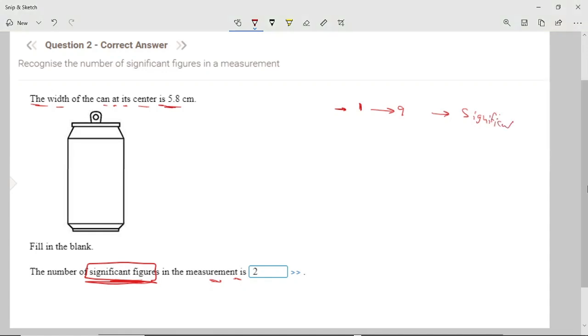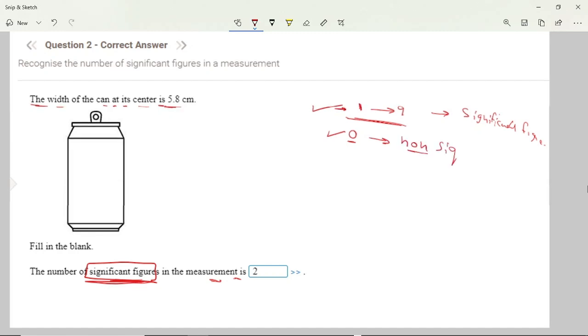That is the first rule. That means any zero will be a non-significant figure. But there are some exceptions for the digit 0.